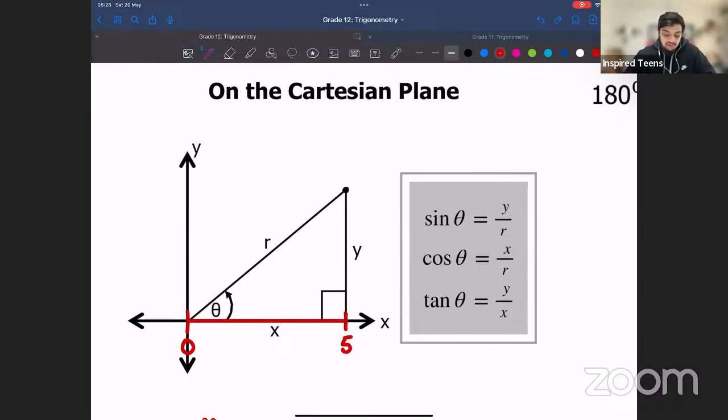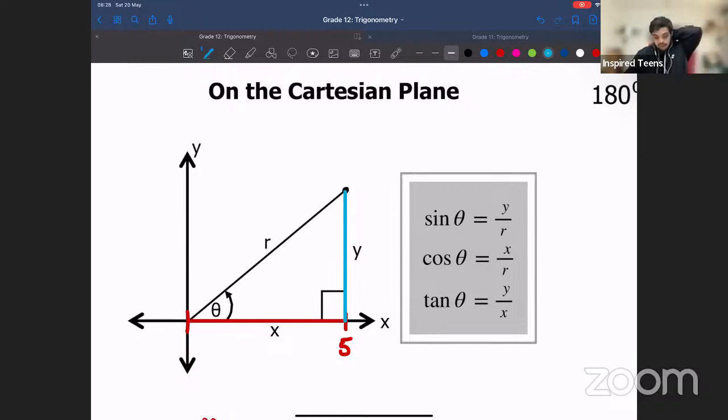Okay, so this value, the distance of this line, actually gives us the x coordinate of this point here, which is 5. And this distance here is the opposite of theta.